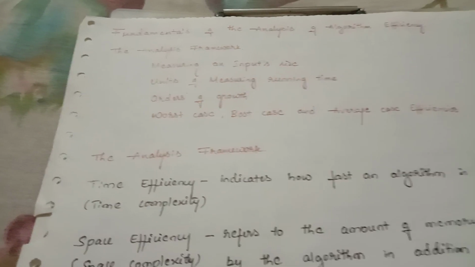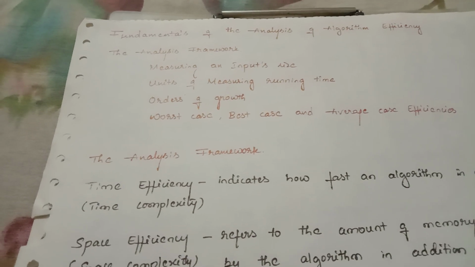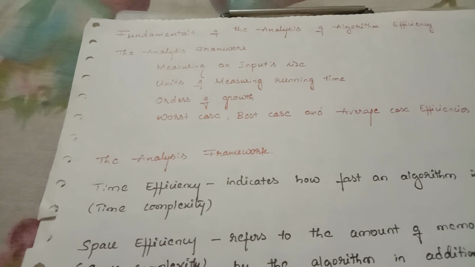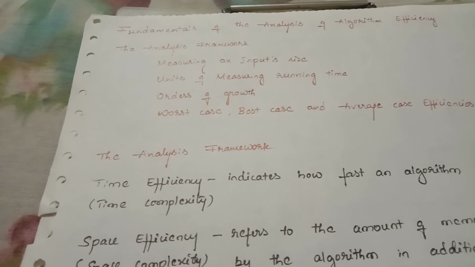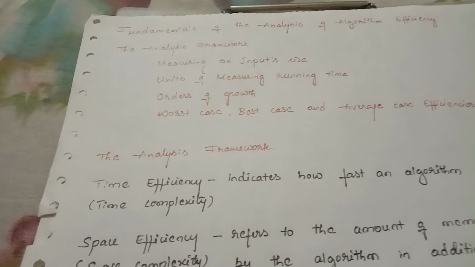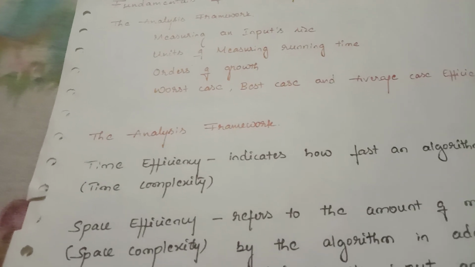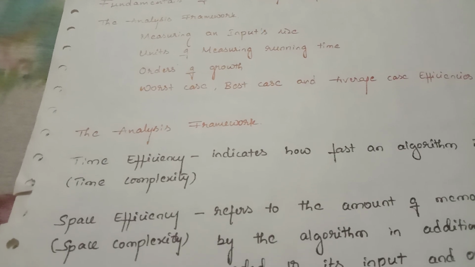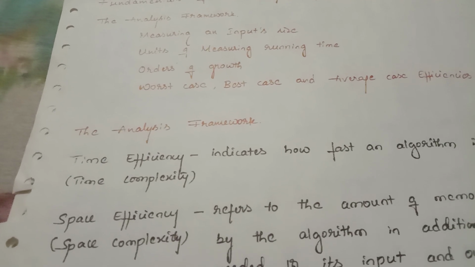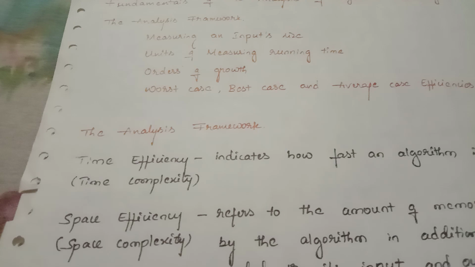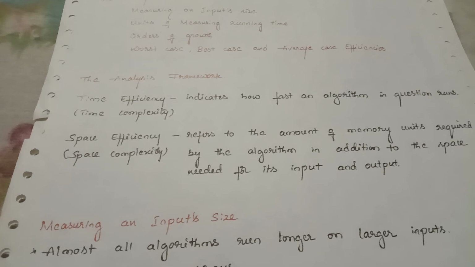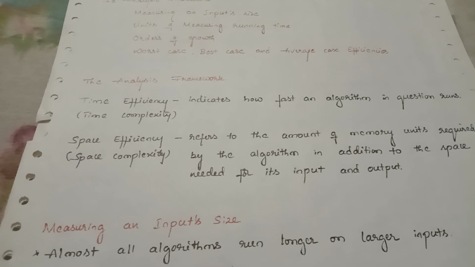What are the things we need to study in the analysis framework? Measuring an input size, then units of measuring running time, then the orders of growth, and after that we need to find out the worst case, best case, and the average case efficiencies. When we talk about the analysis framework, we need to find out two kinds of efficiency.